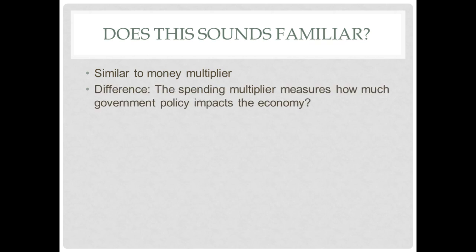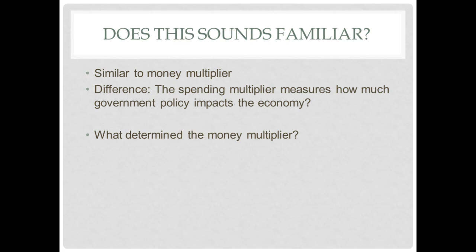Does this sound familiar? Well, that's why I mentioned the money multiplier earlier. Very, very similar. Here's the difference. The spending multiplier measures how much government policy impacts the economy, as opposed to how much Federal Reserve policy influences the economy, but they work very similarly. Now, if you think back to our money multiplier, what was it that determined how large the money multiplier was?